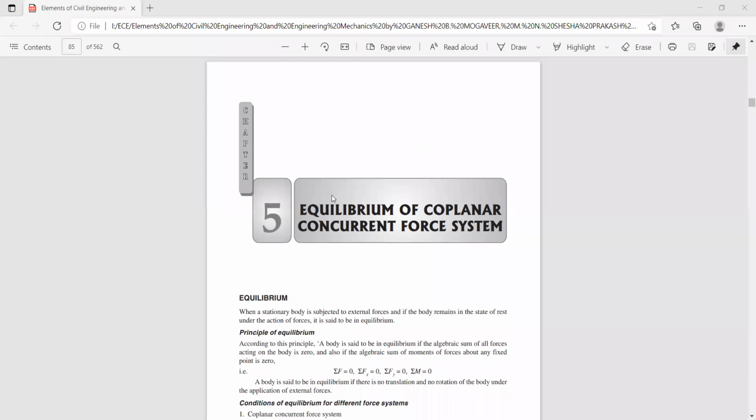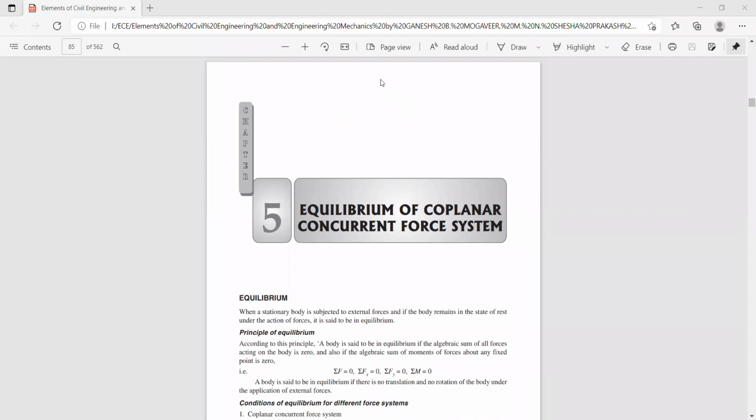When you deal with the equilibrium condition for a concurrent force system, the necessary and sufficient conditions for equilibrium are sigma f of x should be 0 and sigma f of y should be 0.